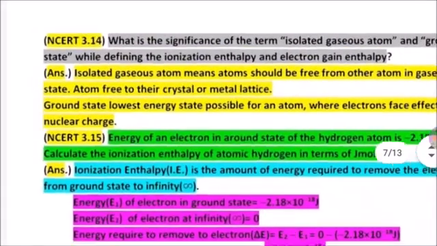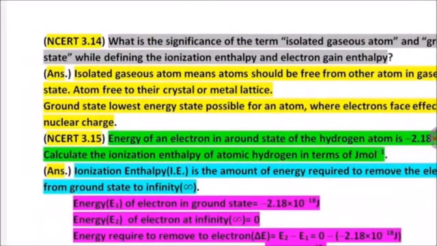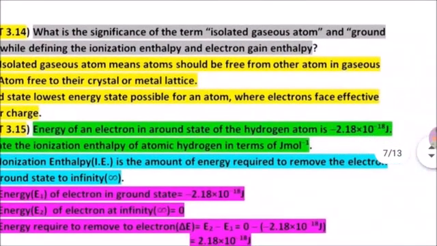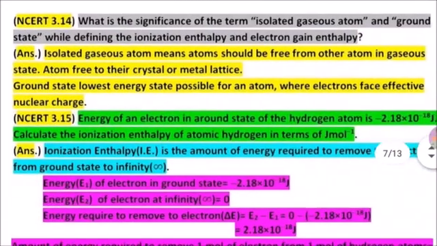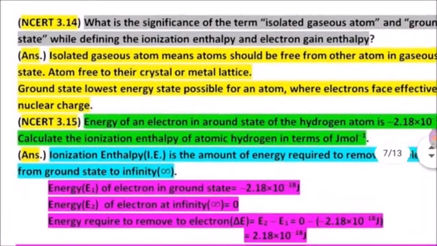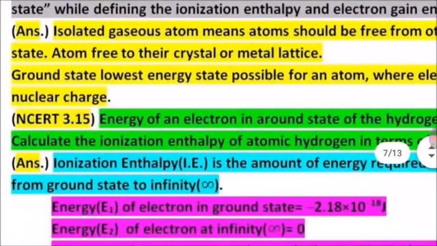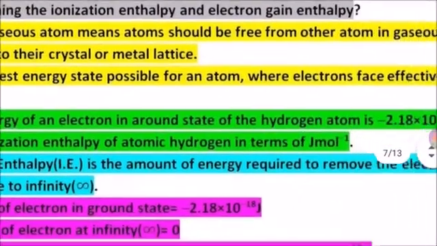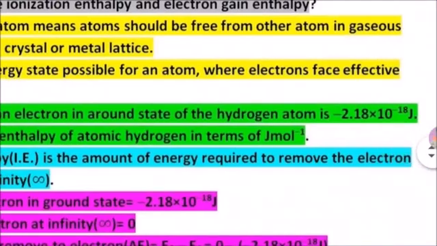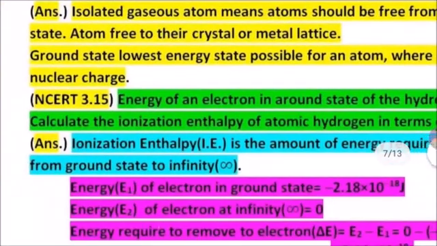First one, NCERT 3.14 question. What is the significance of the terms isolated gaseous atom and ground state while defining the ionization enthalpy and electron gain enthalpy? Isolated gaseous atom means the atom should be free from other atoms in a gaseous state, not bound by a lattice, free from a crystal or metal lattice.